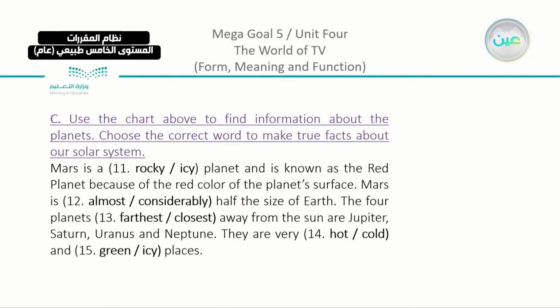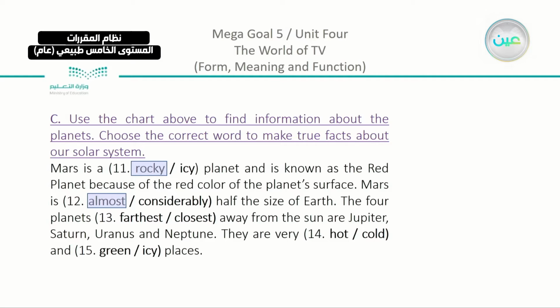Mars is a rocky planet, and here it's obvious that it is rocky because we have here a, and icy starts with a vowel. Planet, and it is known as the red planet because of the red color of the planet's surface. Mars is almost or considerably half the size of the Earth. We're going to say that this is almost, yes.